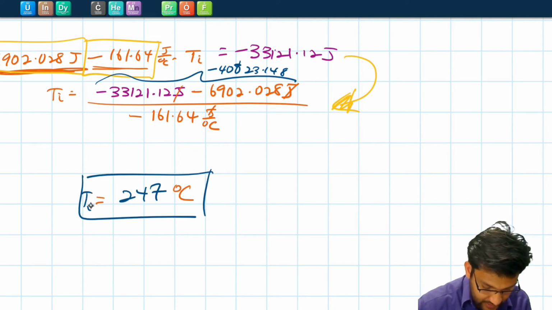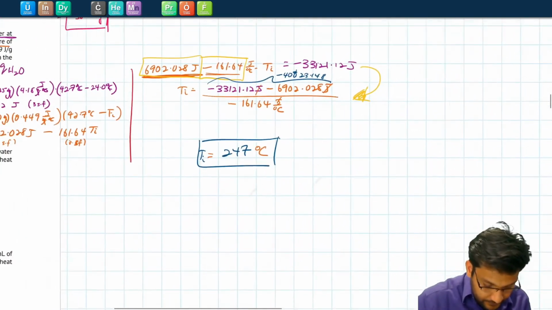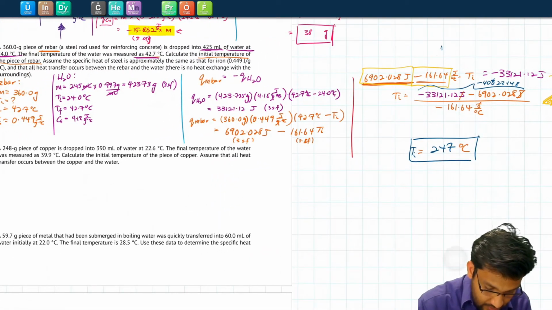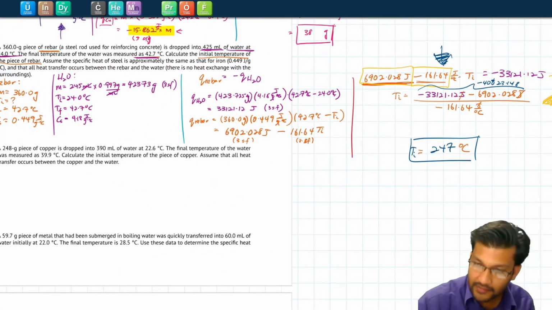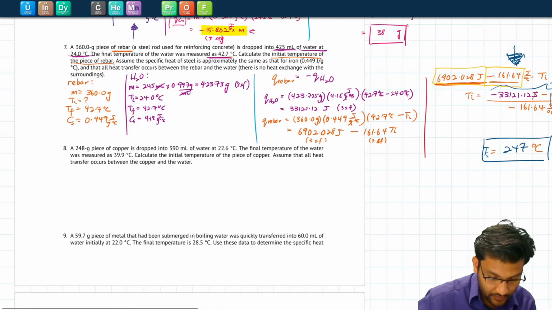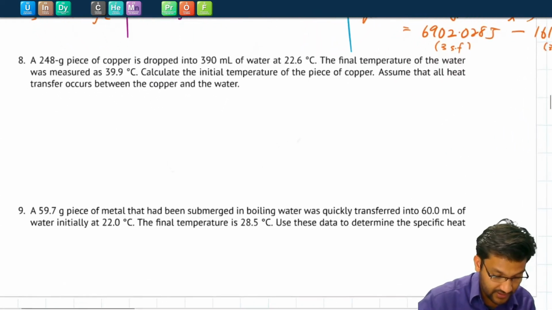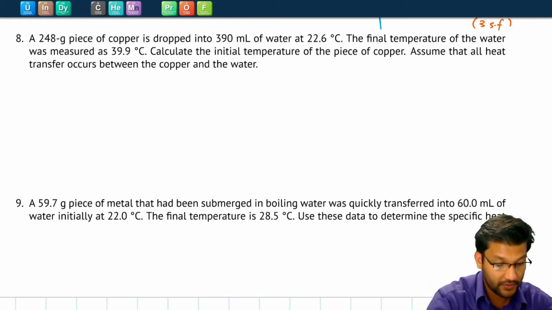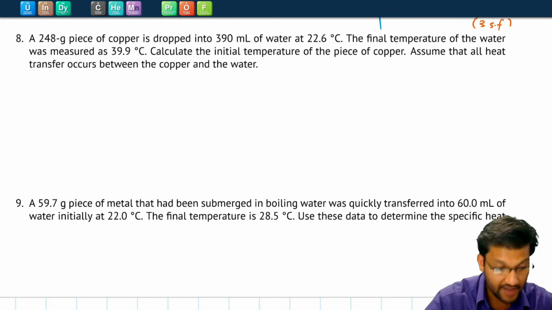So that's the initial temperature of the rebar. Again, once you get to this point, it's all just algebra. So lots and lots of algebra, but it's just algebra, which if you're not comfortable with, you'll need lots of practice. Hopefully you did get that one correct. If you haven't tried number 8 yet, pause the video and then I'll go over it with you after you're done.